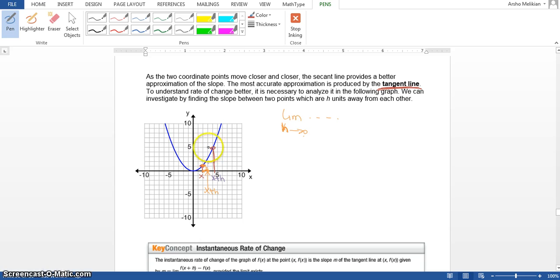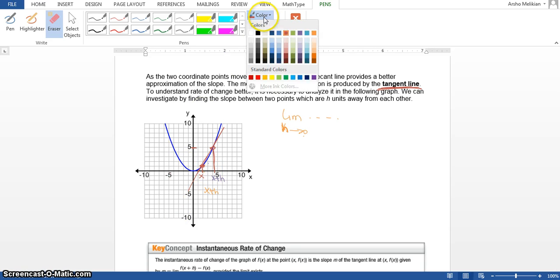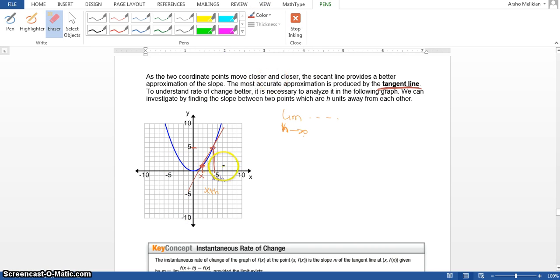Before, when our first point was here, here was the y value, and my secant line looked like that. Okay? Now, when h is very, very small, where is my other point? Let me try to do it here. When h is tiny, then my other point is almost on top of the first point, right?